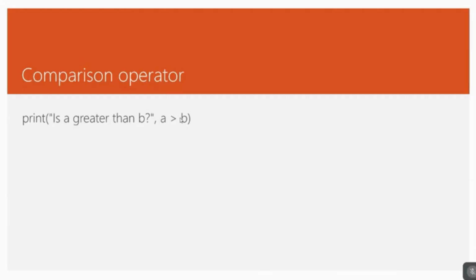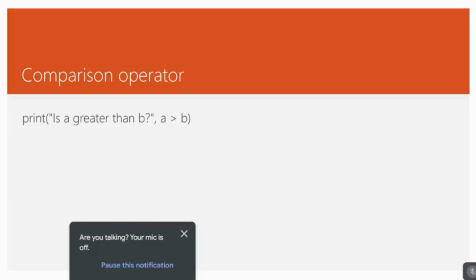You can also use smaller than, smaller than or equal to, greater than or equal to, these types of symbols. Also give the instruction A greater than B, and provide the print function. In brackets, you write all the things properly, so it easily displays on your terminal.